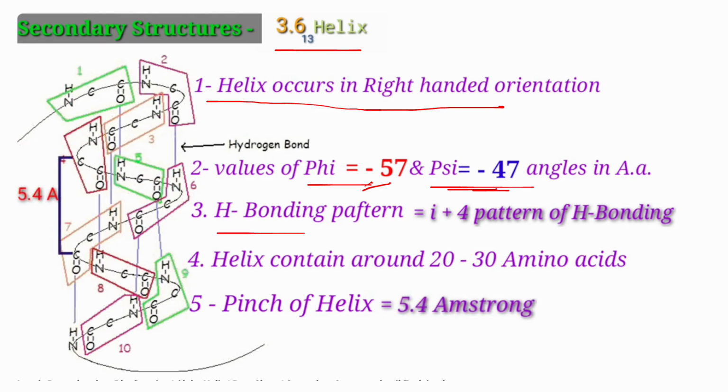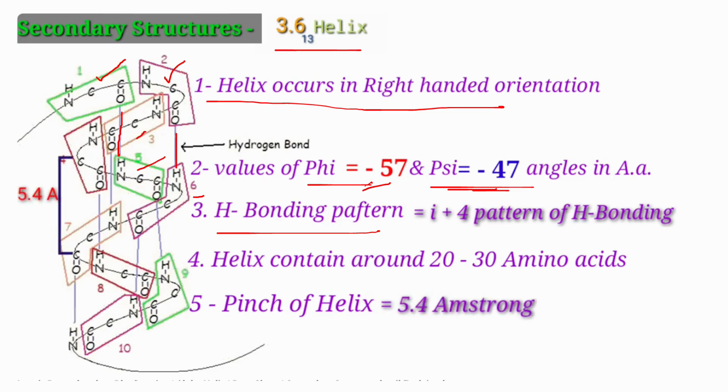What about the hydrogen bonding pattern? If we look closely here, the first amino acid makes a hydrogen bond, with CO and NH as I told earlier, with the fifth amino acid. The second amino acid makes a hydrogen bond with the sixth amino acid. And what about the third amino acid?